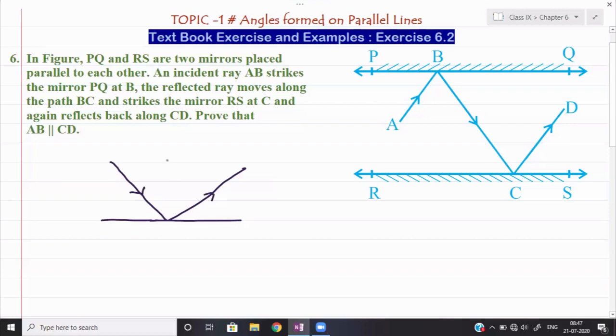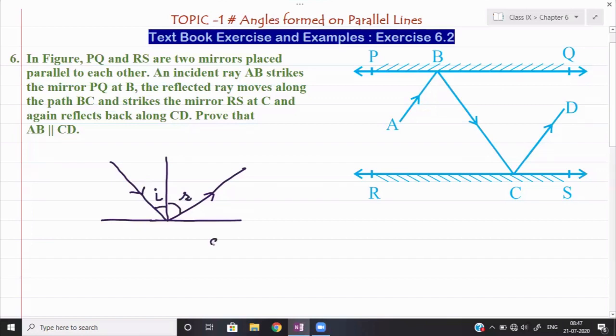Now if I draw a line perpendicular to the surface, then it divides the whole angle which is made by the incident ray and the reflected ray into two parts. One part comes under the incident ray and the second part comes under the reflected ray. This is called the angle of incidence and this is called the angle of reflection.